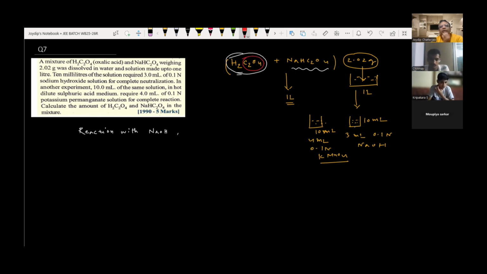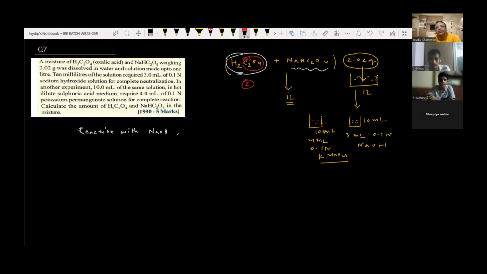So what will be the N factor? 2. Are you getting this or not? KMnO4 is an oxidizing agent. It will convert this carbon from +3 to +4. It will oxidize. So what will be the N factor in this case? 2, sir. Yes, 2. Very good. With KMnO4.